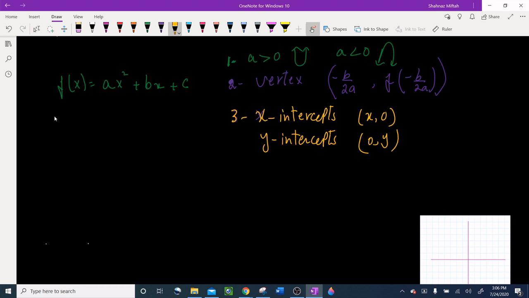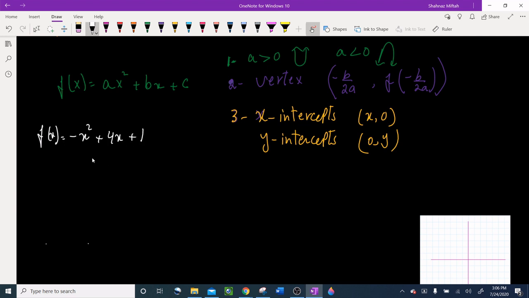So let's do an example for this. My example is going to be in this color, or maybe let's do the white one. Okay, so my equation is f of x equal negative x squared plus 4x plus 1.